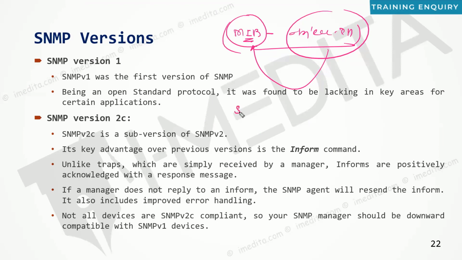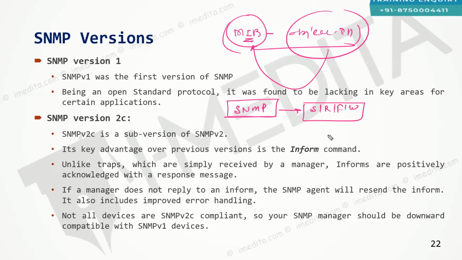As soon as we configure SNMP on these managed devices such as a router, switch, or firewall, all these devices build a MIB, a management information base, which is a collection of the variety of things that we can monitor and configure on the device.